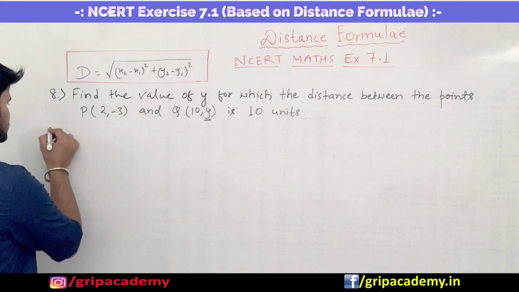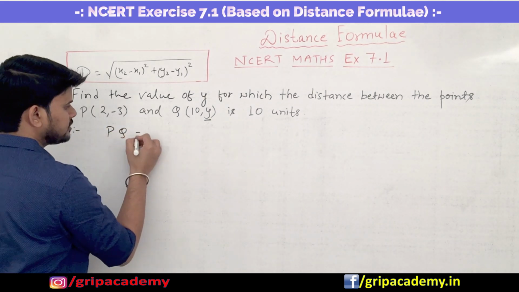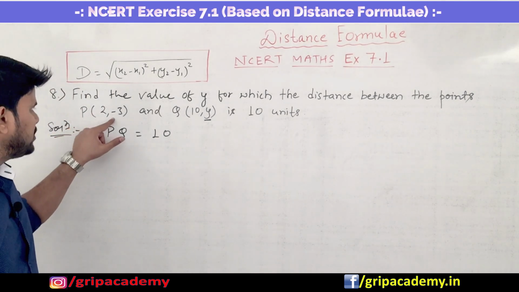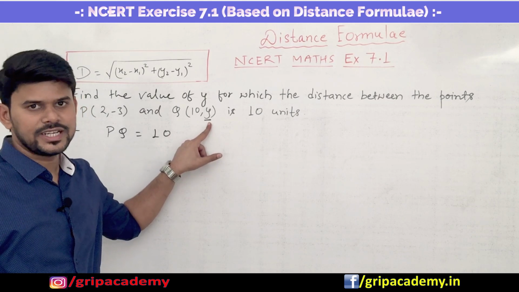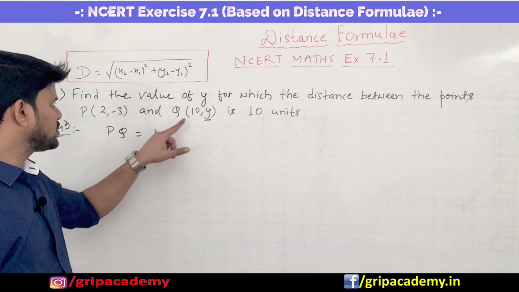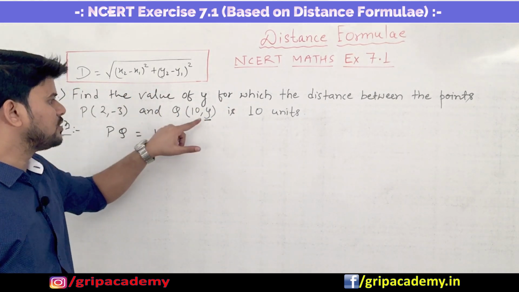So according to the question, PQ is given as 10 units. The coordinates of P we know, and for Q the x coordinate we know, but the y coordinate we do not know, that we have to find. So we will use the distance formula, put these coordinates here and put distance equals to 10, and we will find y.